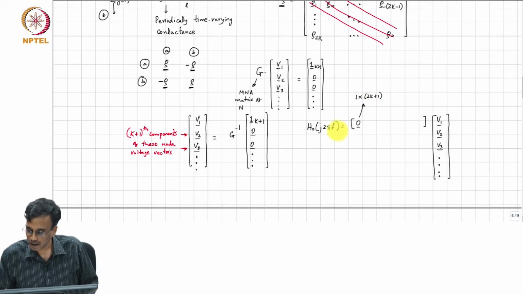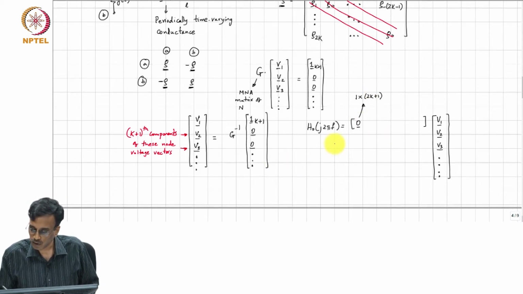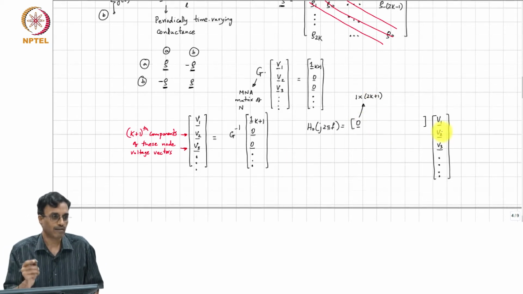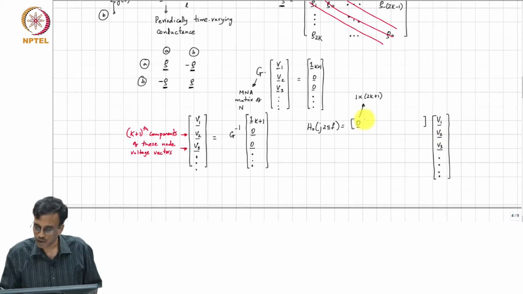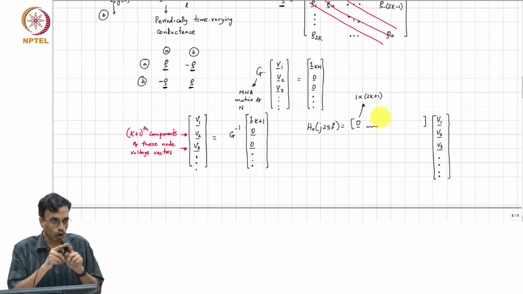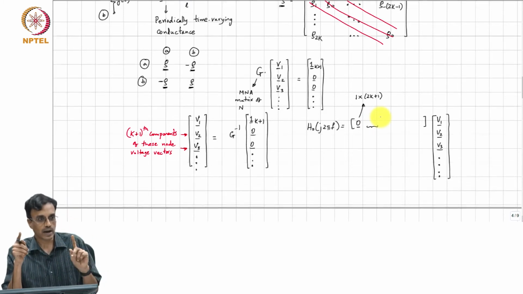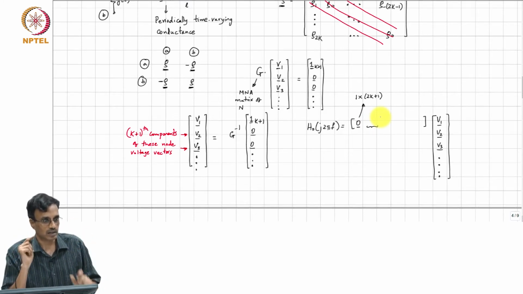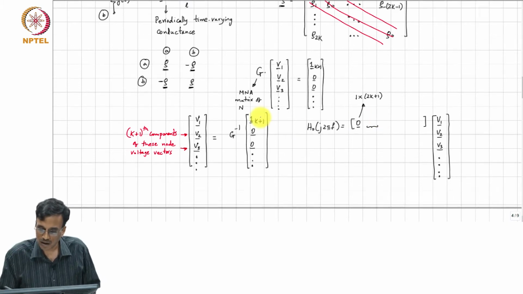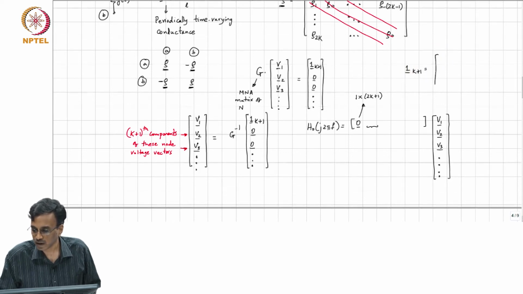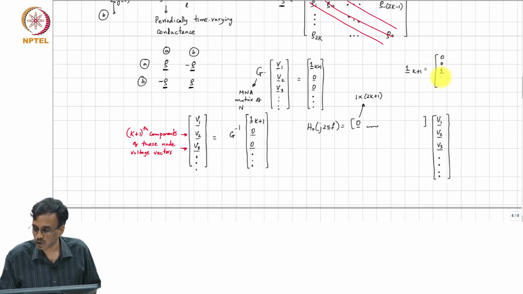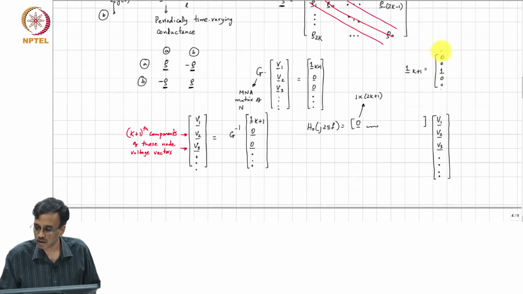Okay. And we are not interested in V 1, we are interested only in V 2, and which component of V 2 are we interested in? The k plus 1th component. So, we would have to put here a row vector which is 1 in the k plus 1th term, right. But we already have a notation which says 1 k plus 1 is a column vector with 1 in the k plus 1th position and zeros everywhere.